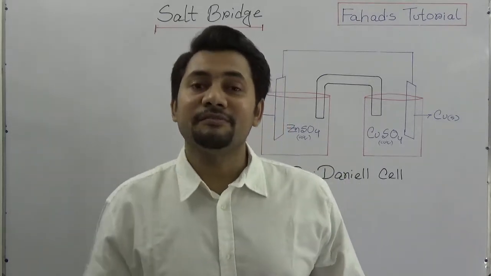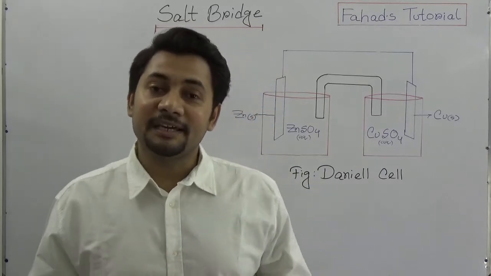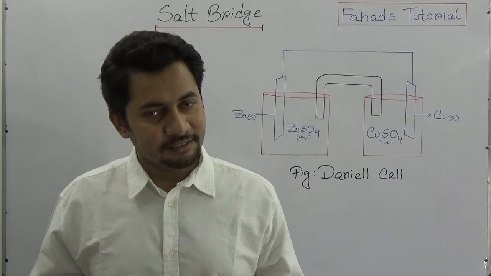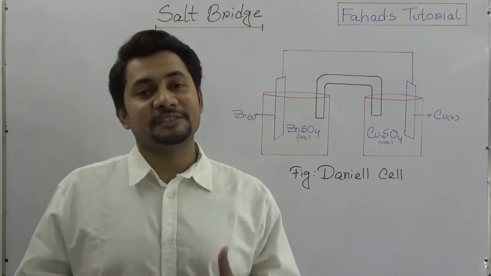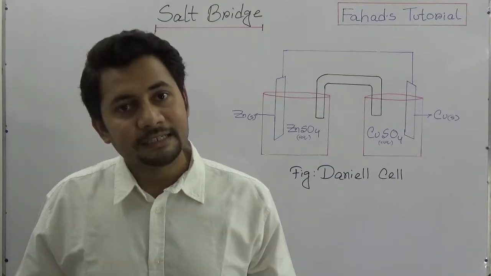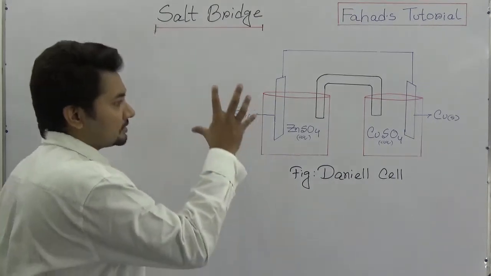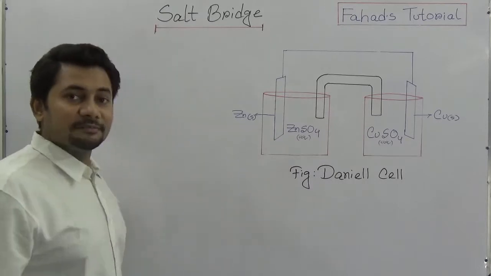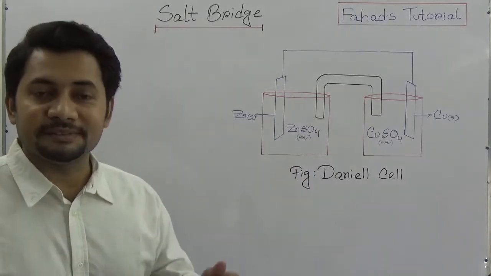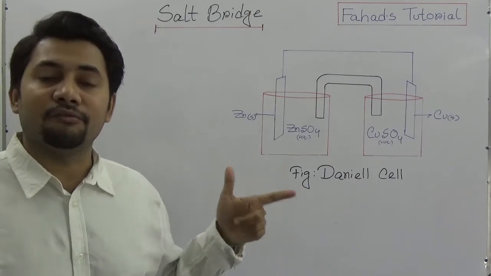Because in my previous video I explained the mechanism and the structure of the Daniell cell or voltaic cell, and in this video I'm going to explain what the uses of the salt bridge are and why it is used. You must know about the structure. You must know that there are two types of electrochemical cells, electrolytic cell and galvanic cell.